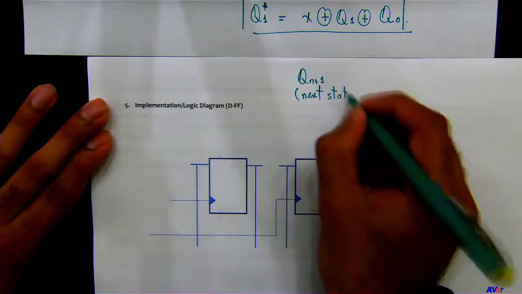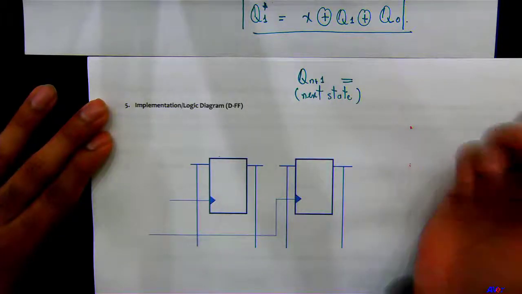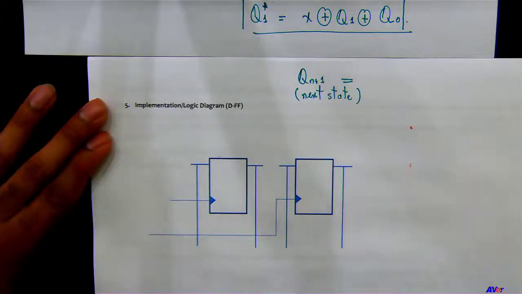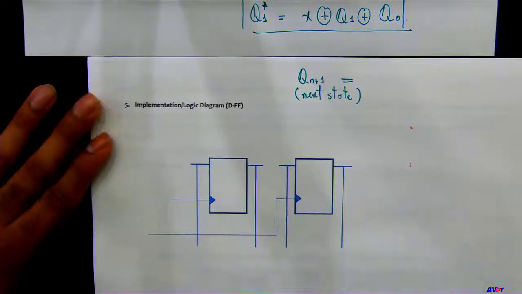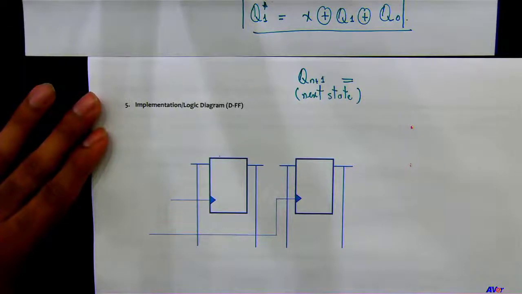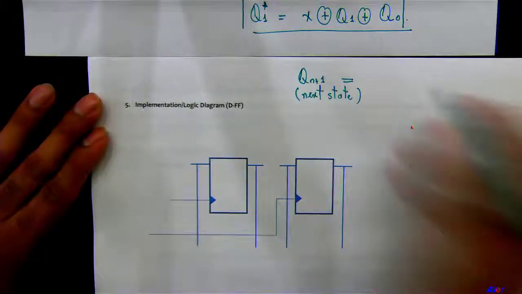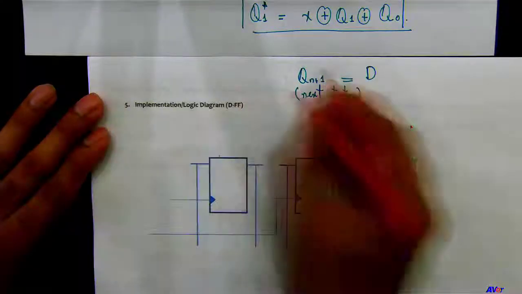When the clock is 1, it's equal to D, right? Correct? Remember, when you have clock set to high, your next term is always going to be equal to D because we're using D flip-flop. Correct? If it was J and K, it would have been different. So D, remember that.